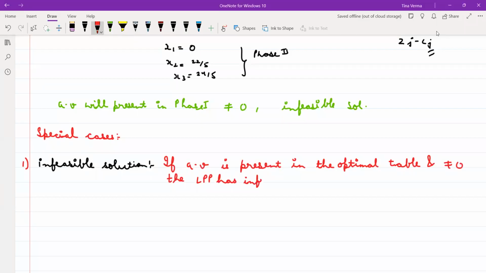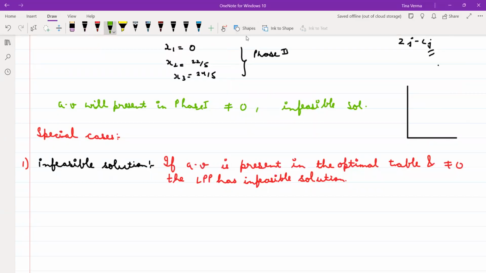That I have already told you, that if you have this condition and you put the values of the variables in the given LPP, one of the constraints will not be satisfied. Actually, we add this variable. Suppose you have a region like this, I can show you graphically why it is so.